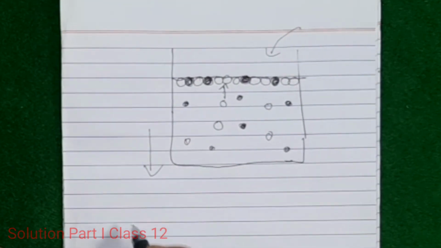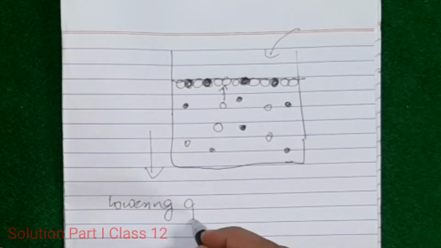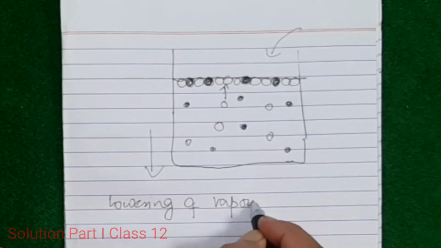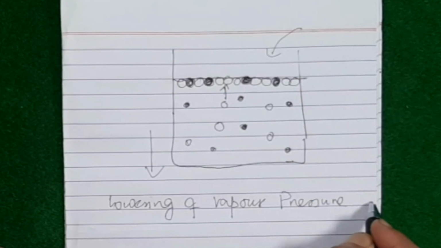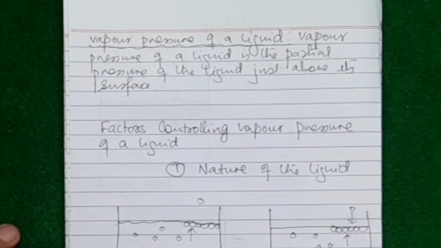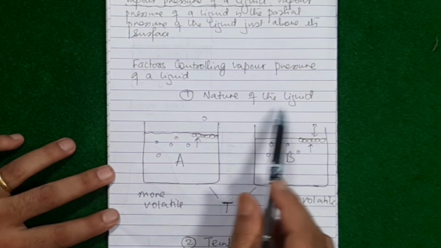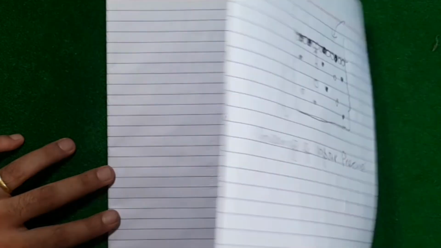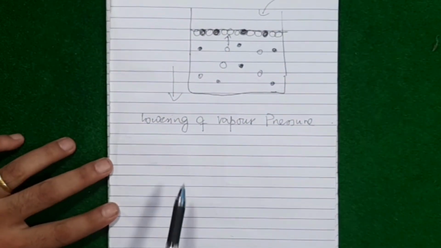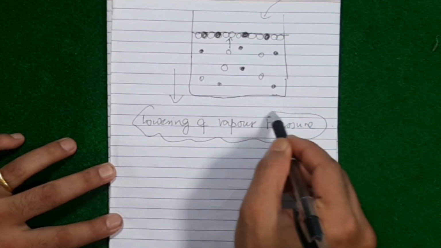That effect is called lowering of vapor pressure. Okay, so there are three factors basically which control the vapor pressure of a liquid. One is the nature of the liquid, then second is temperature, and the last one is presence of impurities, which lowers the vapor pressure of a liquid, and that phenomenon is called lowering of vapor pressure.